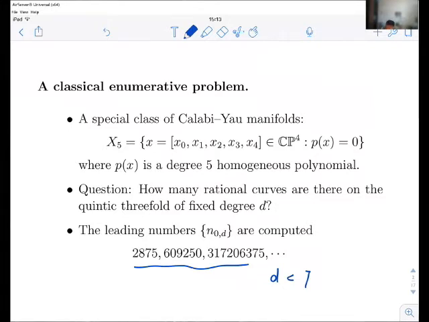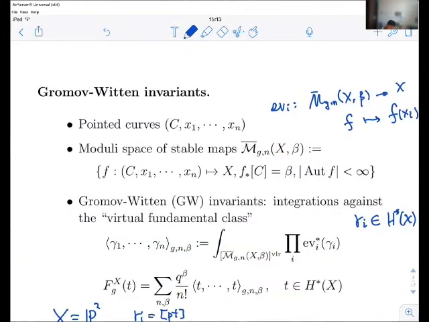The reason is that you can see from the definition, F is the map. So the Gromov-Witten invariants in the definition, in fact, the moduli space is the moduli space of stable maps. And when you consider the degree, it might come from the degree of the map or the degree of the image in this target.